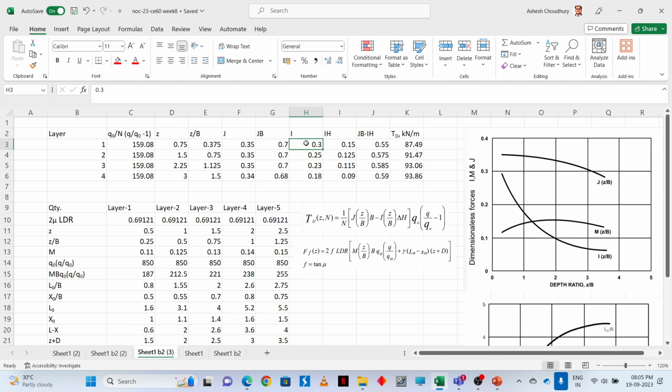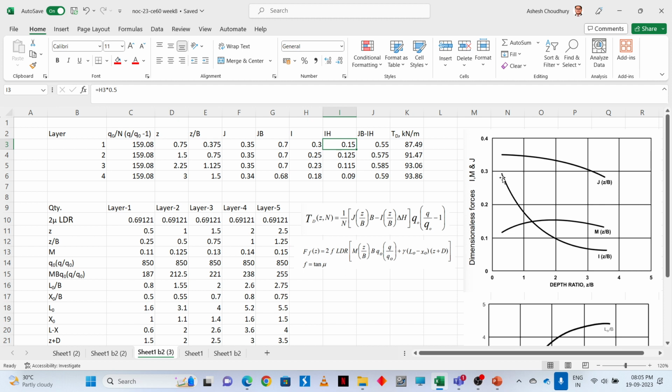Then I's. What will be I's? So we can take 0.375. It means here, approximately here. This is 0.5. This is 0.25.